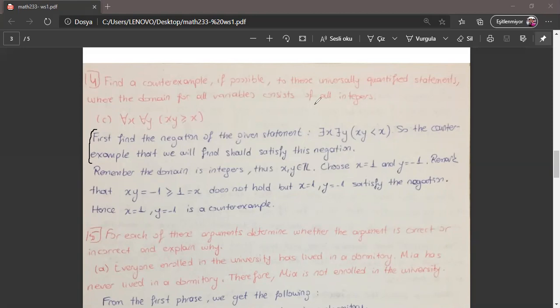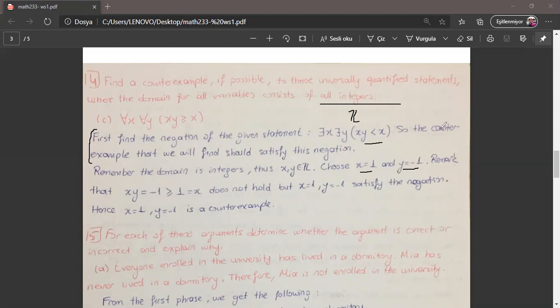So we can pick any two variables. Here, remark that the domain is the integers, okay? We write it like this. So we can choose x equals 1 and y equals -1. What happens then? We need to check this part. xy is, obviously, -1, which is less than 1, right?